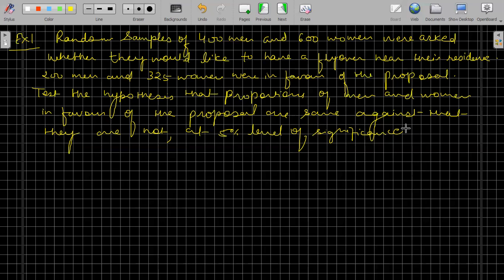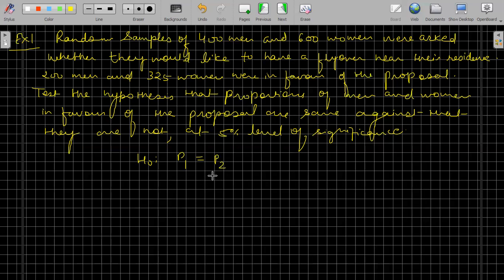And alternative we have to take is that the proportion is not same. So null hypothesis would be here that proportion of men in favor of having flyover near their residence is same as proportion of women.